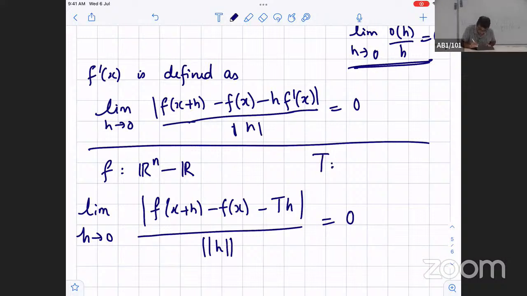By the way, when you took the derivative f dash, the idea was you are approximating a function by a line, correct? I took the slope and the tangent. Around the point x, it's the line that is closest to the function. So you're approximating f as a line. The same idea holds here. So t is almost like a line from Rn to R. It is a linear approximation to the function f.